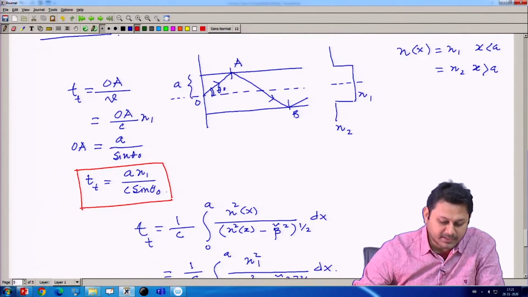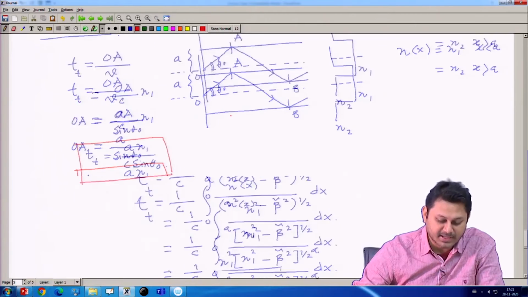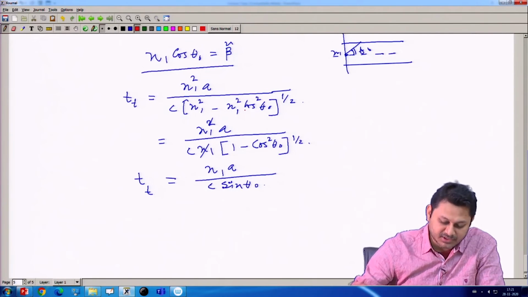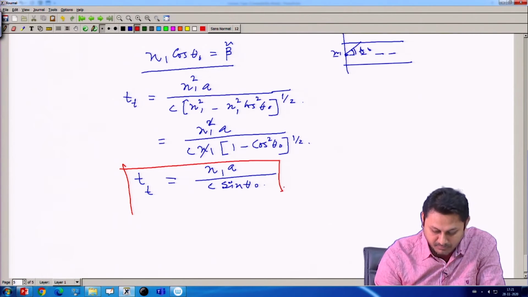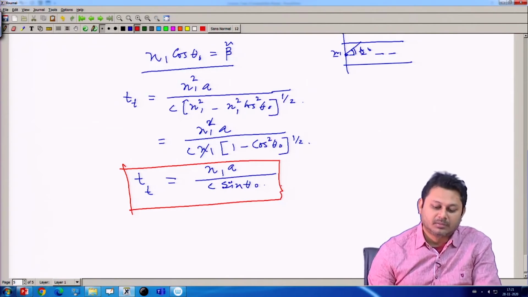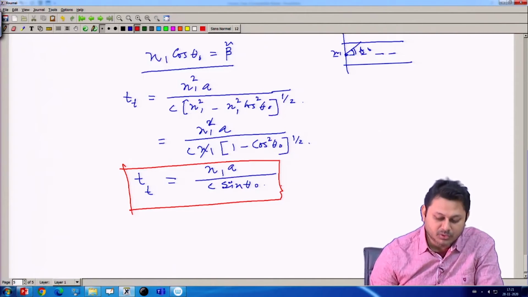I know the refractive index n1 is a constant, not varying as a function of x, and I can derive a value like a n1 divided by c sin theta 0, where theta 0 is the initial angle. I can have the same expression using our general integral form.